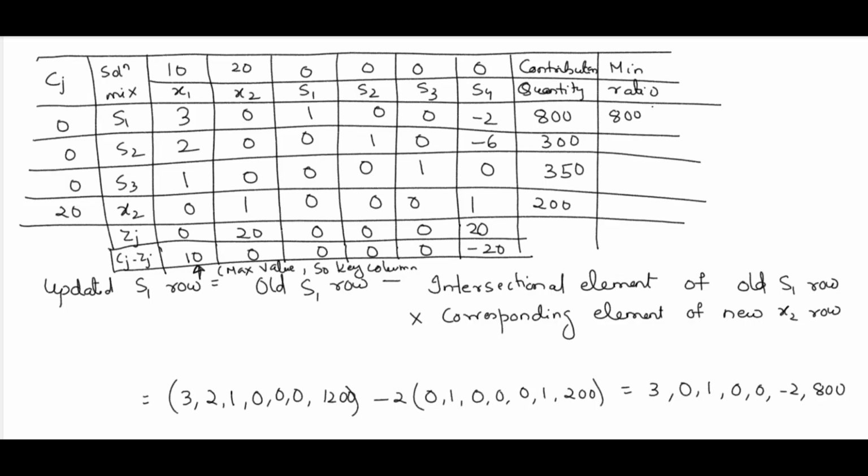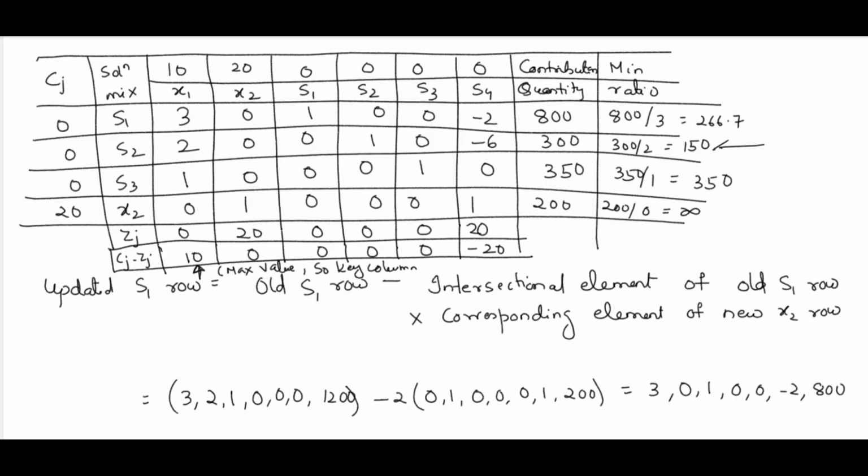So 800 divided by 3, you will get 266.7. Similarly 300 divided by 2, it is 150. Similarly 350 divided by 1, it is 350. And here 200 divided by 0, it is infinity. Then again you have to choose the minimum ratio.